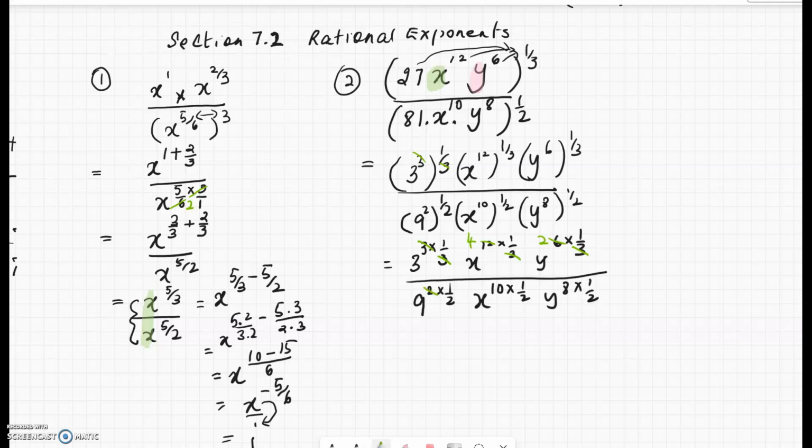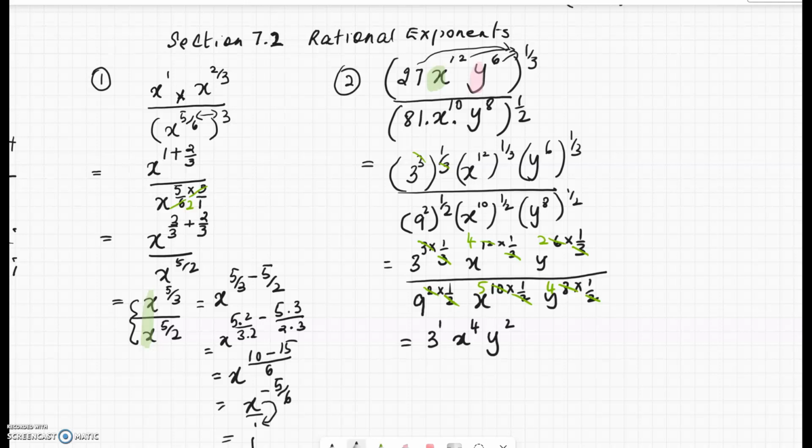Cancel common factors. 2 goes 5 times into 10. 2 goes 4 times into 8. So we have 3 to the 1, x to the 4th, y to the 2. After cancelling common factors, that's what we're left with.